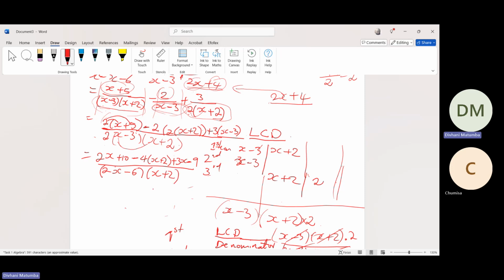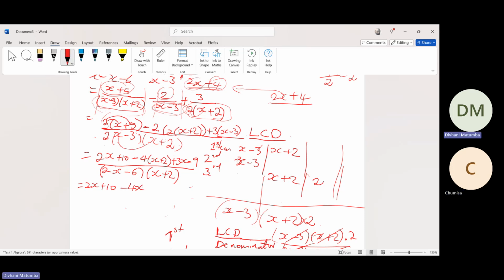You agree? Yes, sir. Okay. Now we're going to the second stage. We're going to have 2x plus 10 minus, what's going to happen now? It's going to be minus 4x plus 8, 4 times 2 times 2.